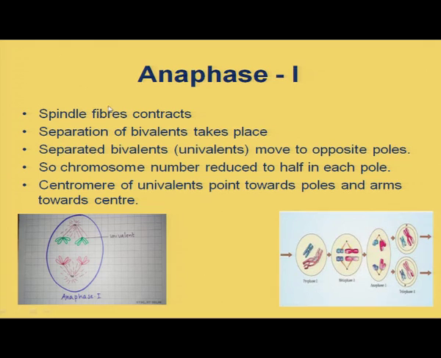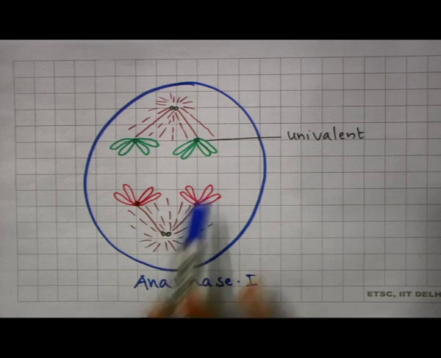Now, next is anaphase 1. The spindle fiber will contract. After that contraction of the spindle fiber, you can see in this diagram, just go through the diagram. Here you can see the separation of the bivalents.